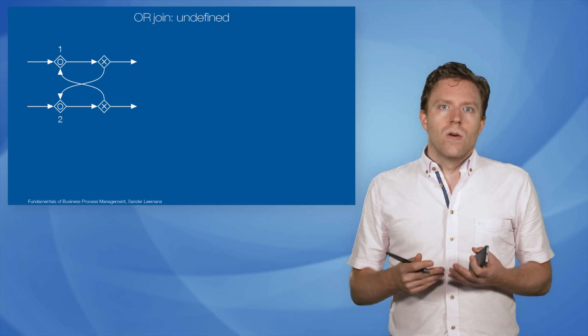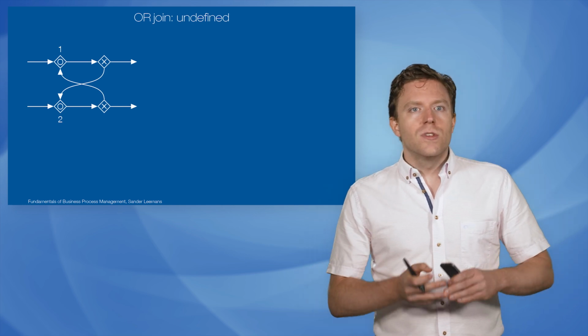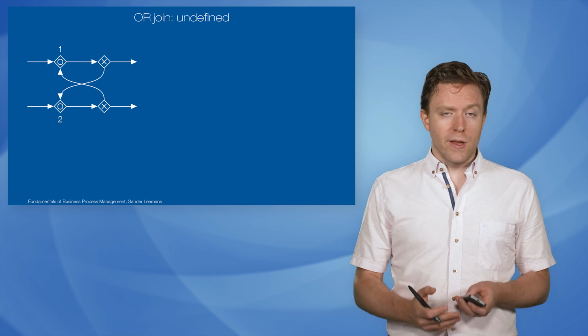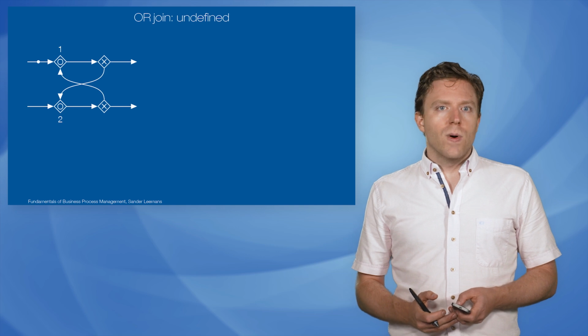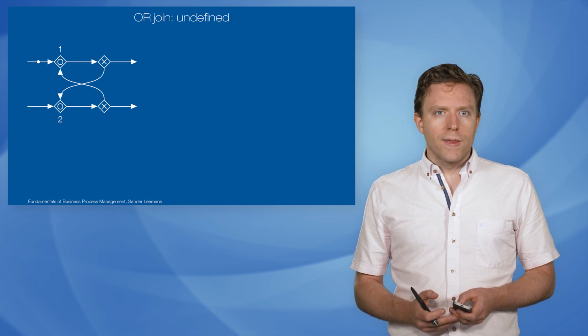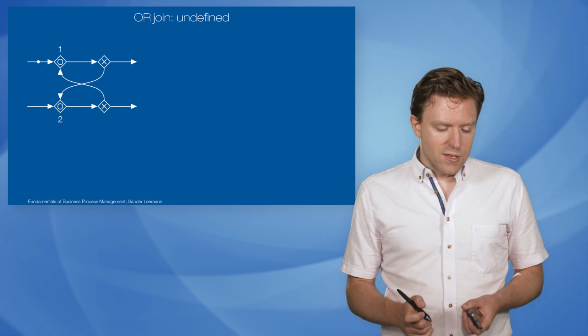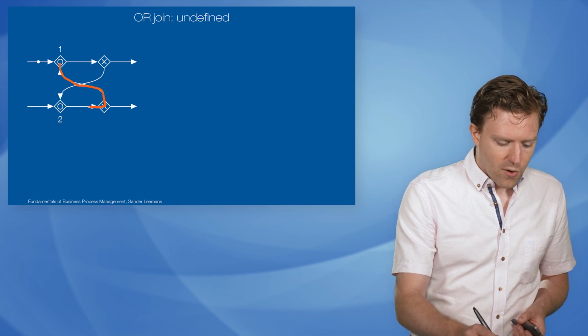This is an OR join whose execution depends on another OR join. So we have OR join 1 and 2 and they depend on one another. Let's look at how this works. If we have one token arriving into OR join 1, then by the friendly bus driver semantics, it looks back. So it simply walks over here.